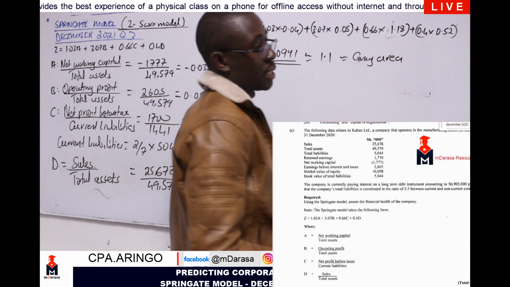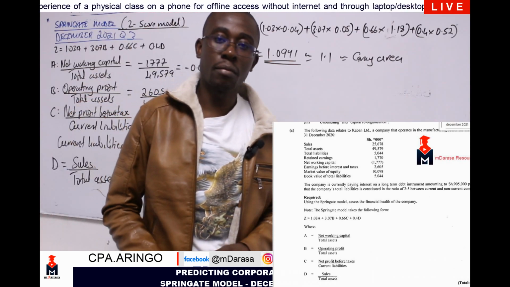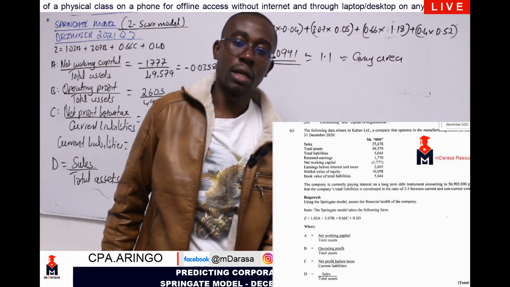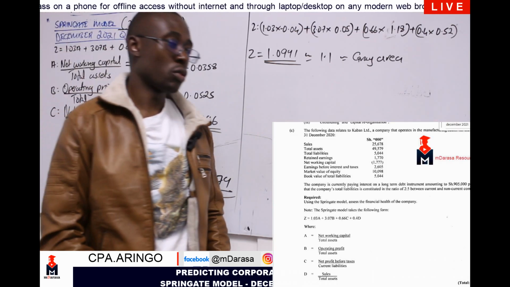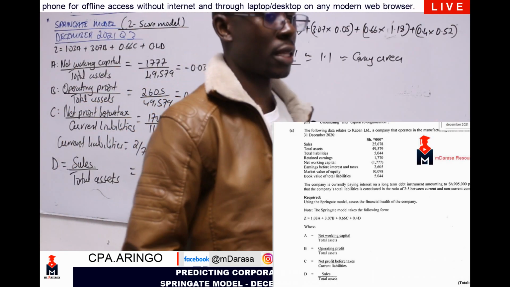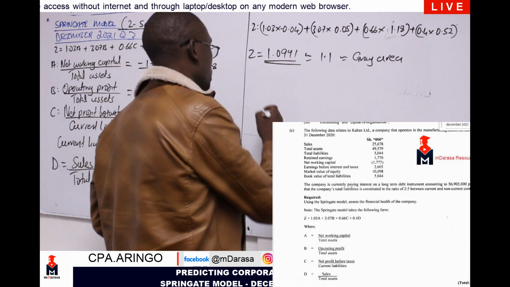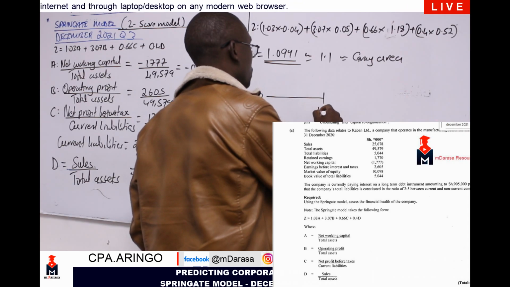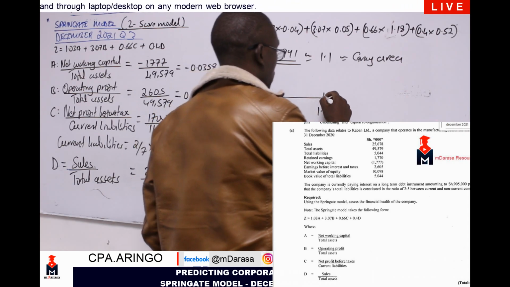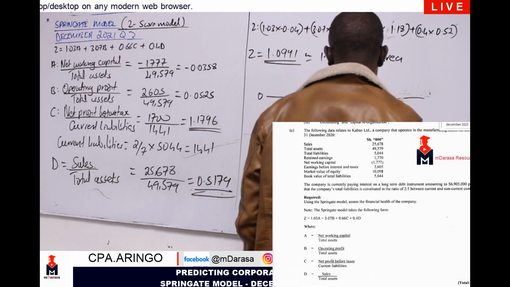There's a 50% chance that the company might go to bankruptcy, given the range in what we were told: 0 to 1.1, 1.1 to 2 and above.